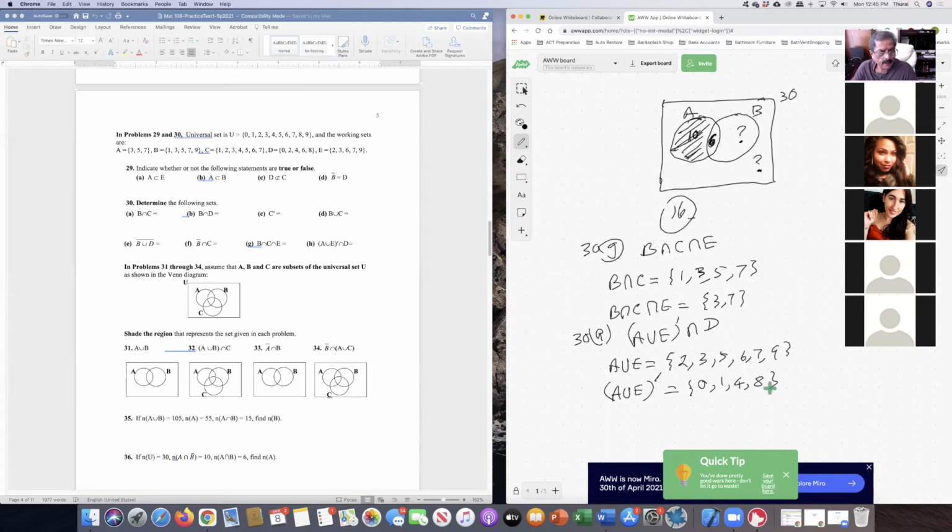I need to find the intersection of this with D. So A union E prime intersected with D. You need to find what is common to these elements and D. D is 0, 2, 4, 6, 8. So I have 0, 4, and 8 that are common. So that's your answer right there. 0, 4, 8. Okay, thank you.